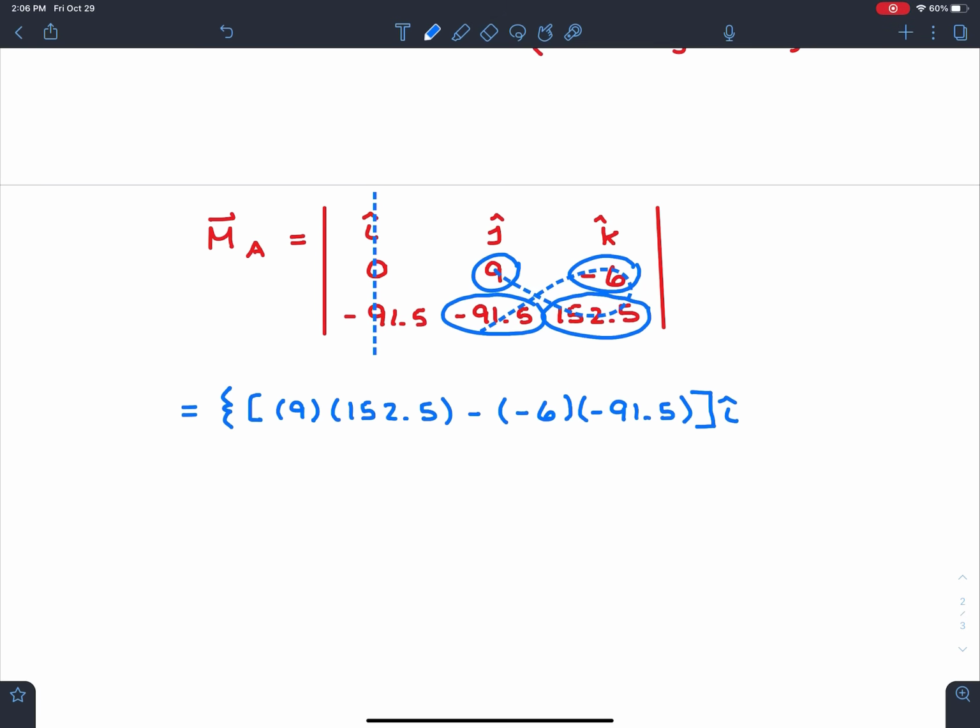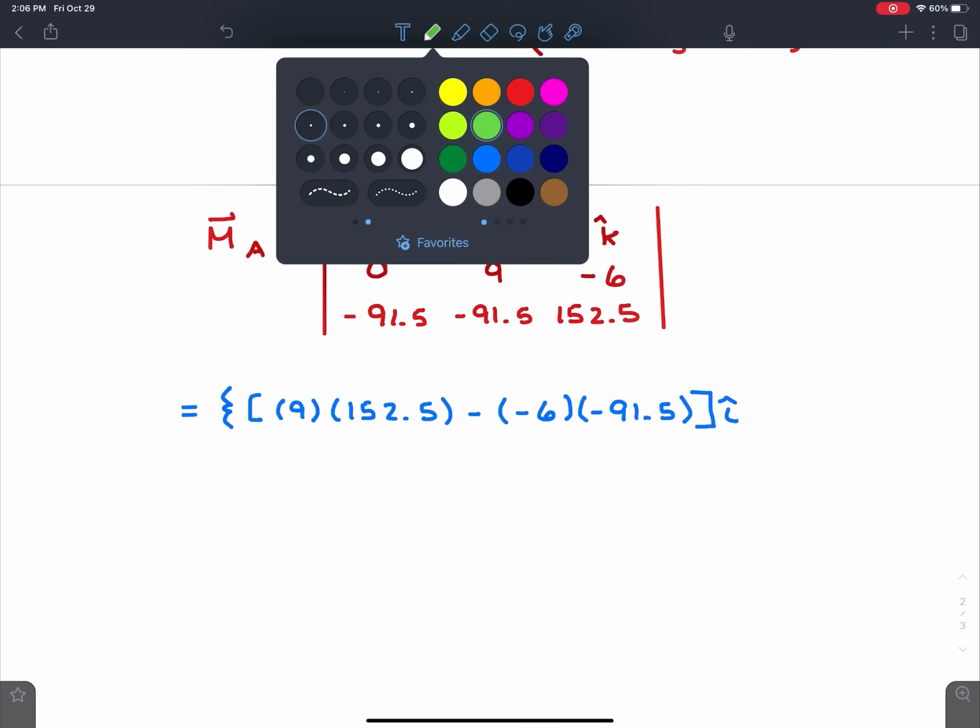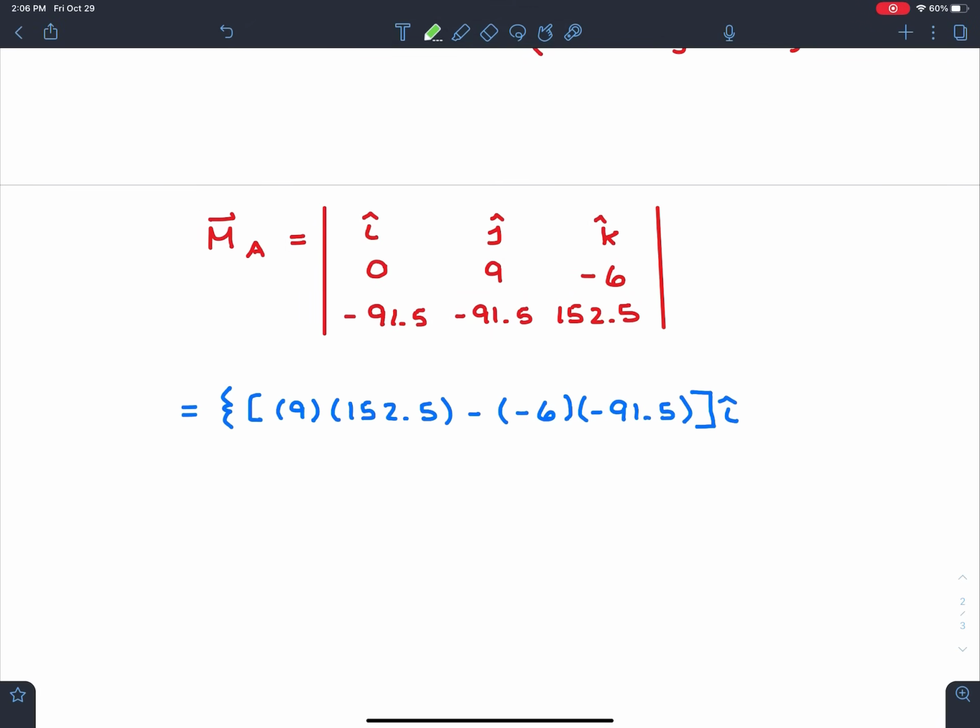We just got to throw it all into our calculator, and we'll do that a little bit later. So now I'm going to erase all this and say, okay, that's the I component, but I also want a J component. So I'm just going to switch back to the dashed line. If I want the J component, I'm going to draw a dash through the J column, more or less. And then I'm going to draw my fish yet again. So I'm going to go from 0 to 152.5, up to -6, and down to -91.5.